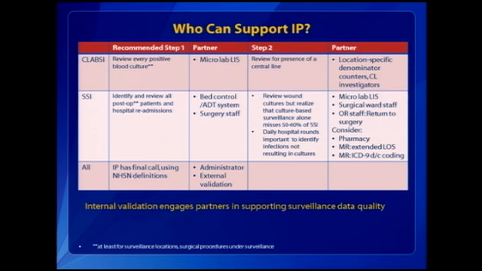And I would submit to you that your microlab should be able to generate for you a line list of positive blood cultures for any surveillance location you need to review, for a time period of surveillance that you would like to look at, so that you can double check and make sure you've seen and reviewed all of those blood cultures, so that you know you have had a chance to entertain the possibility of an HAI for all of those.